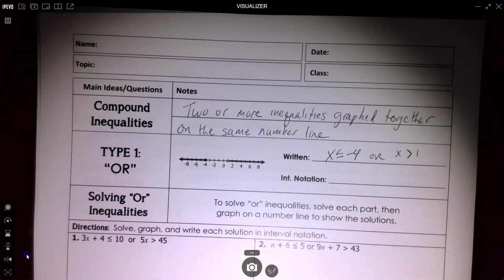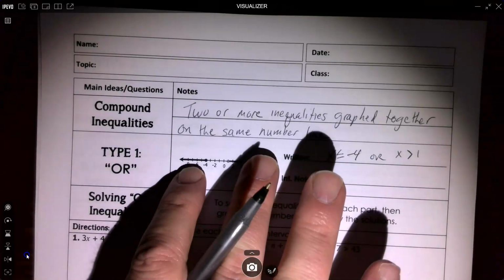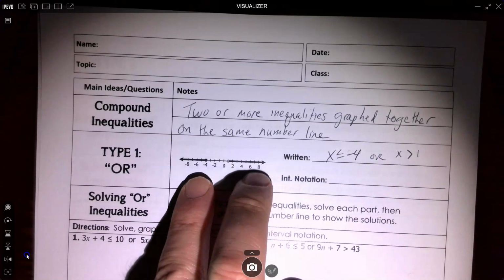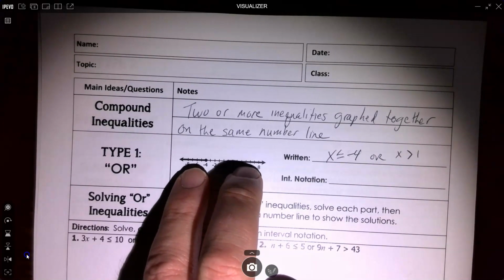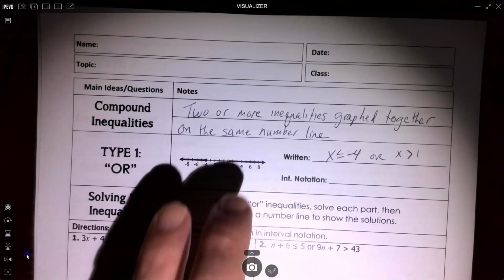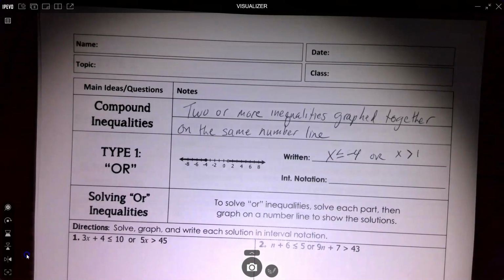Now, when you do interval notation, you have to take into account the gap in between these two graphs. So you're going to use what's called a union symbol. You're kind of uniting the two, and you're telling the person, hey, these two things go together, but have to be written separately because there's no overlap.